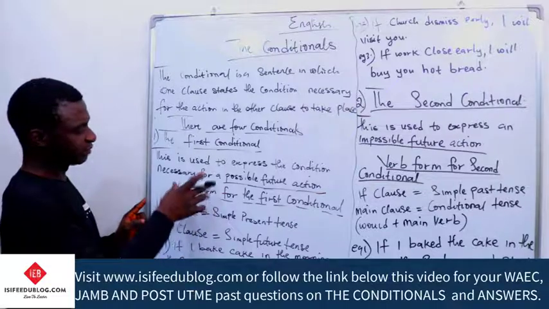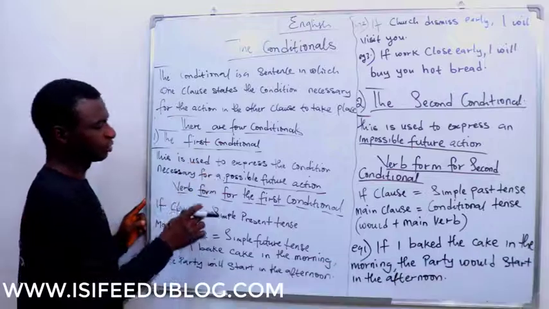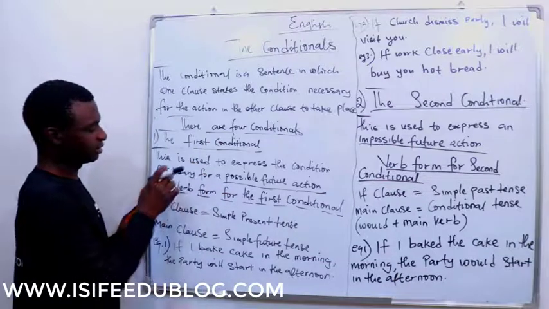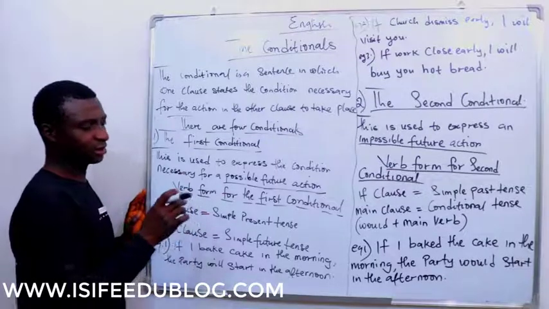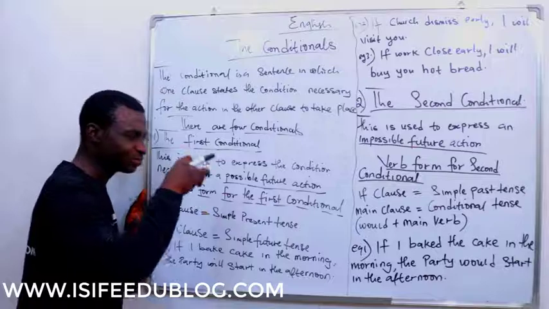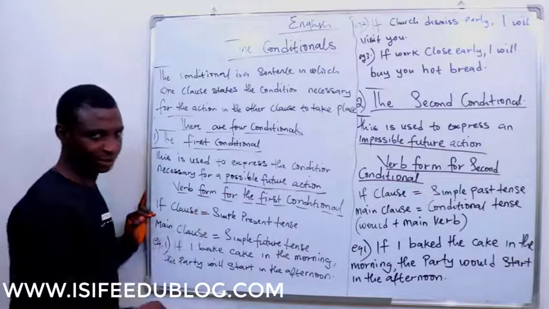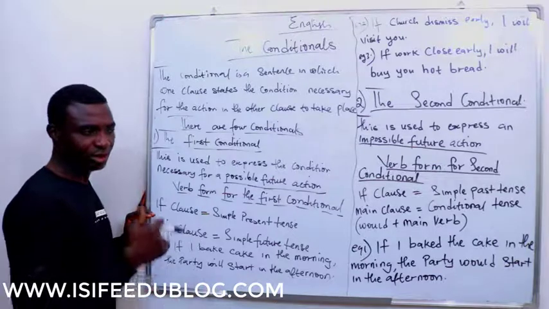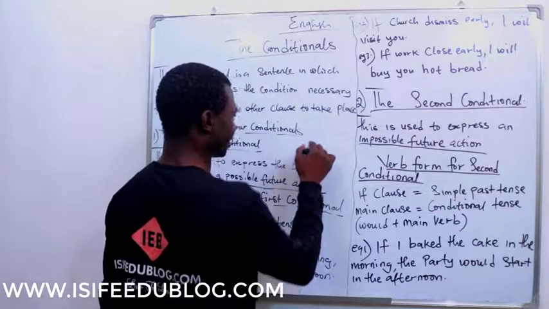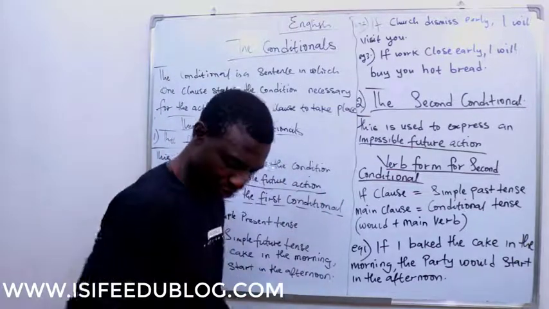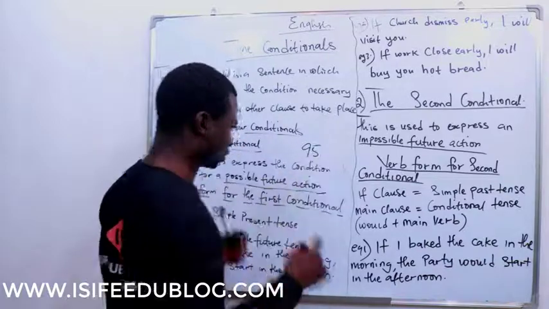Like we said, the condition for using the first conditional is that this action is possible, capable of taking place. Let's make a graphic. The condition is 95% achievable.